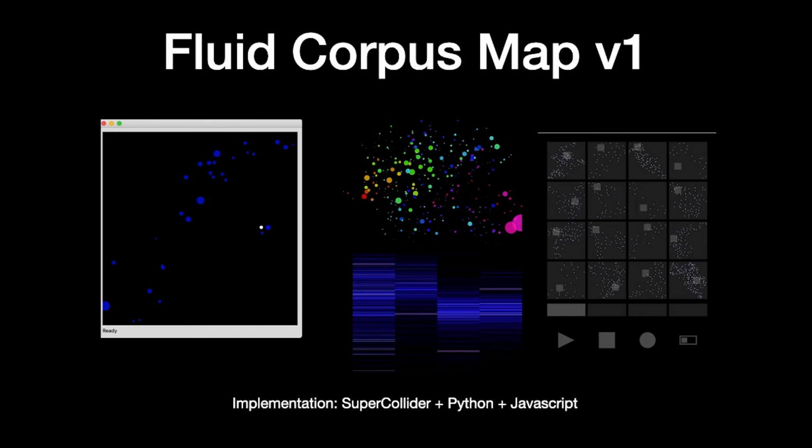The third example is a drum machine. Here we used a self-organizing map to first cluster the sounds into this grid of 16 boxes. Then for each of the boxes we used dimensionality reduction to map the sounds of the box. So they are these kind of white dots.